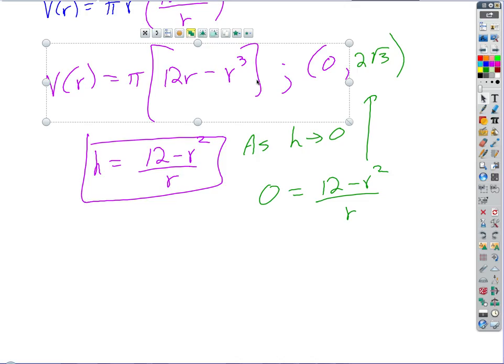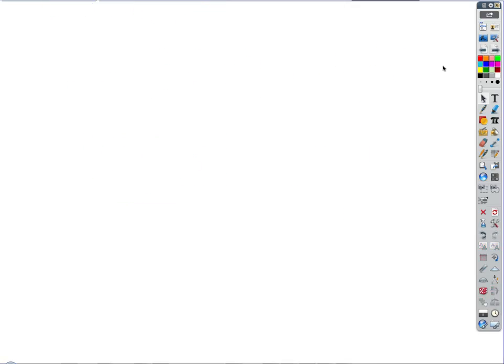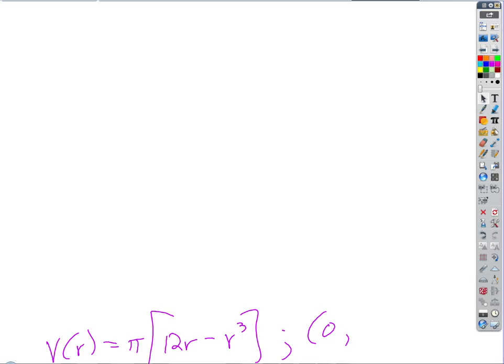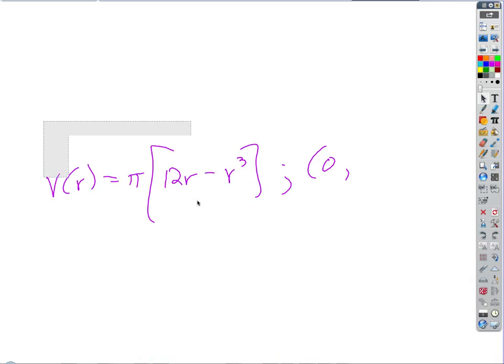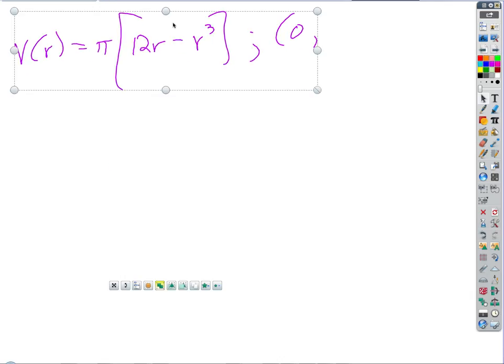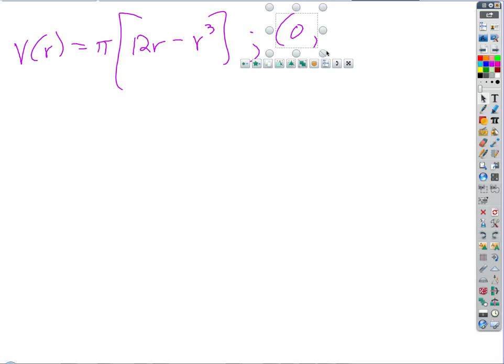Okay, so I'll copy. I'm trying to think about this in terms of the notes I'm going to produce for you guys so they're good notes, they're readable. There we go. Okay?